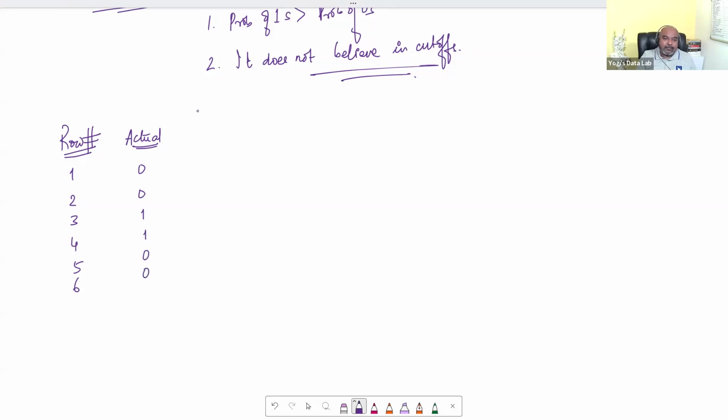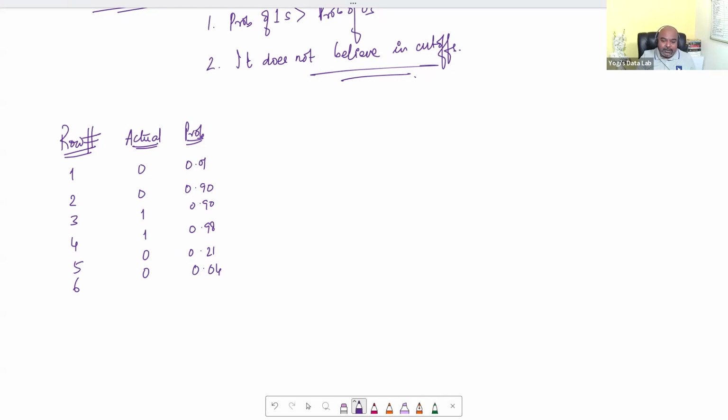I'll predict the probability. Let's say row 1 got 0.01, row 2 got 0.90, row 3 got 0.90, row 4 got 0.98, row 5 got 0.21, and row 6 got 0.04. This is the probability which was predicted.